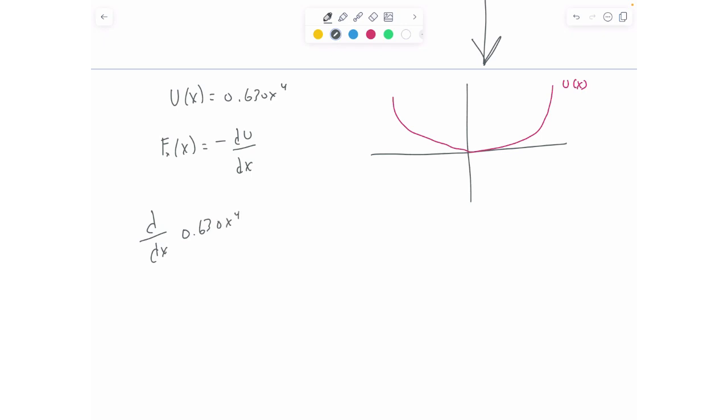You bring the 4 down, times 0.630, and then x to the third. And once you do that, you have 2.52 times x to the third.